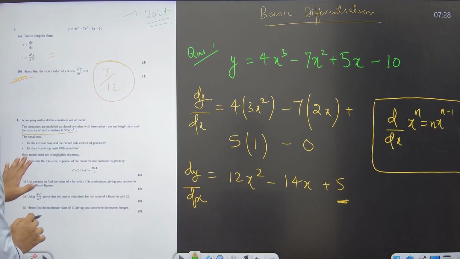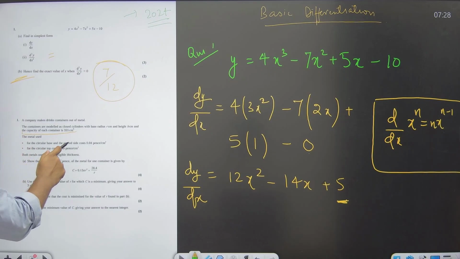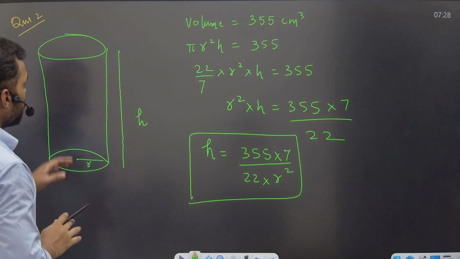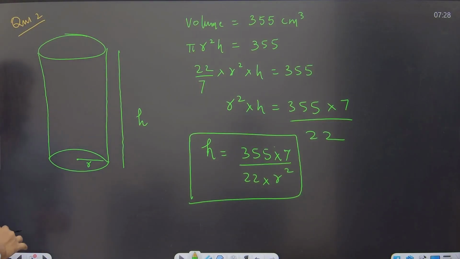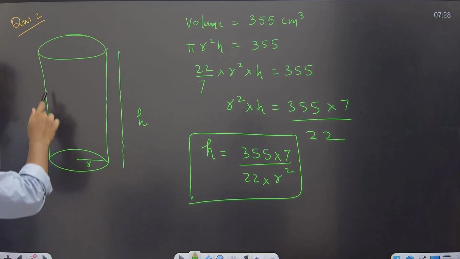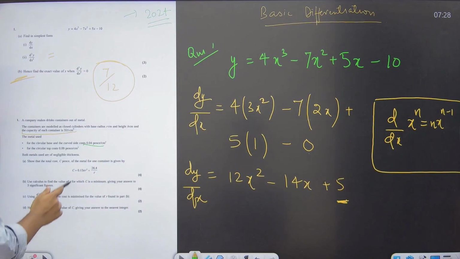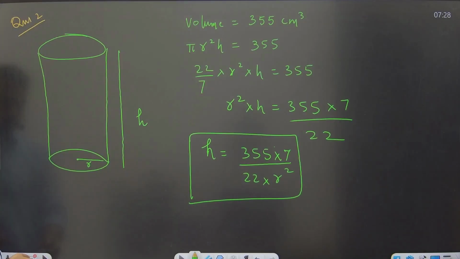In the question, student, the statement written here is that the circular base and the curved side cost 0.04 pence per centimeter square. So if I see this figure, one of the circular bases and the curved surface area of this cylinder is costing 0.04 pence per centimeter square.